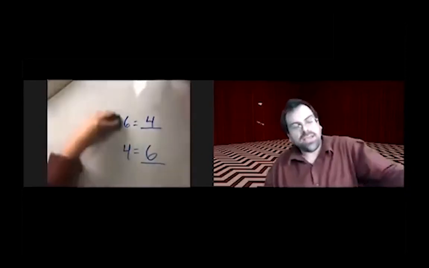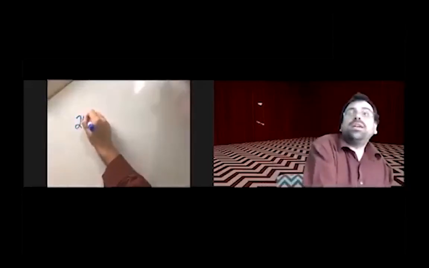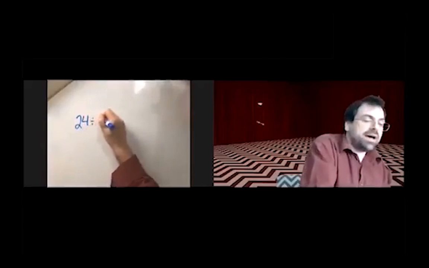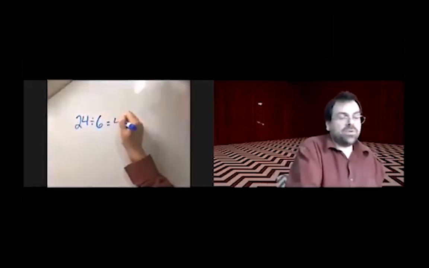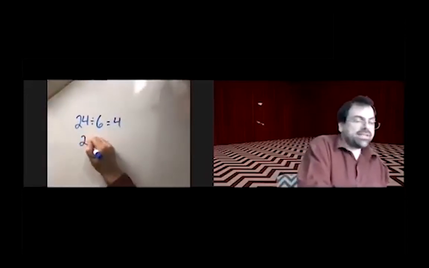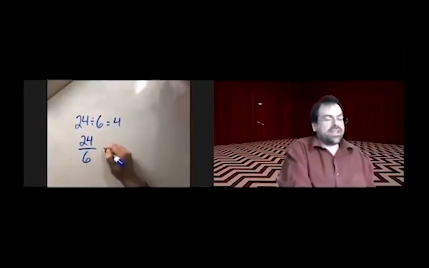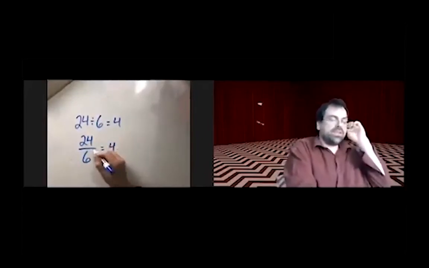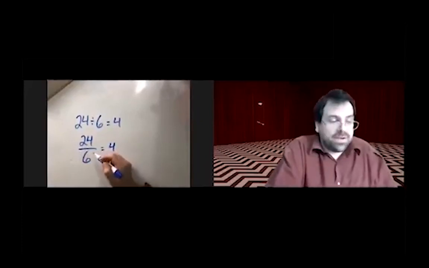And there's a lot of ways to write a division problem. 24 divided by 6 equals 4 is the same as 24 over 6 equals 4. This division bar, fraction bar, means division.